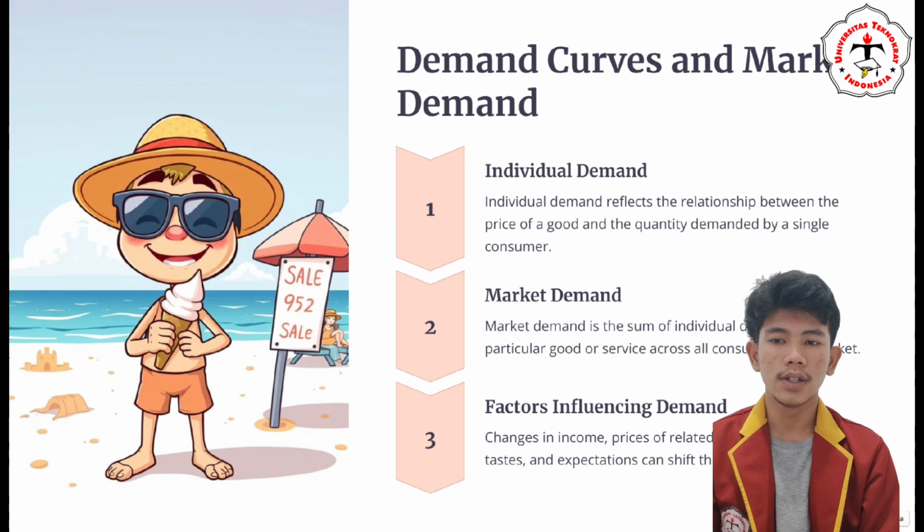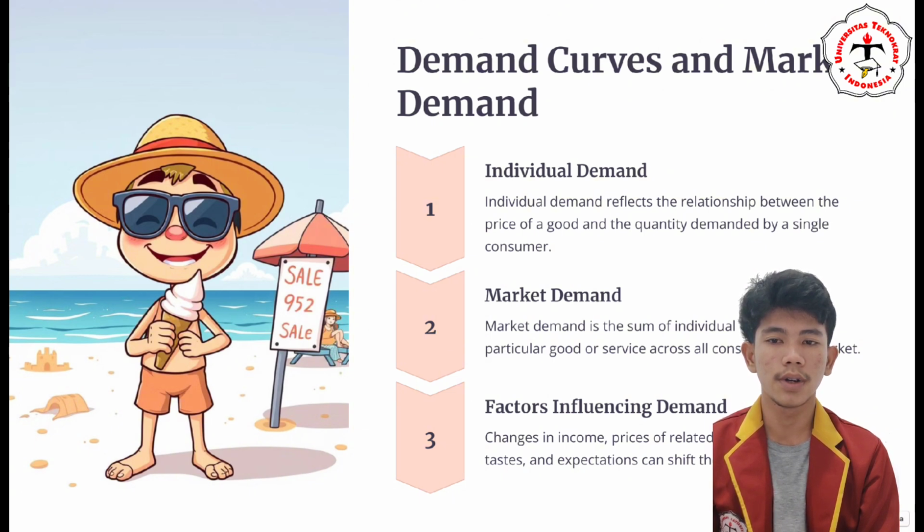Market demand is the sum of individual demands for a particular good or service across consumers in a market. 3. Factors influencing demand. Changes in income, price of related goods, consumer tastes, and expectations can shape the demand curve.